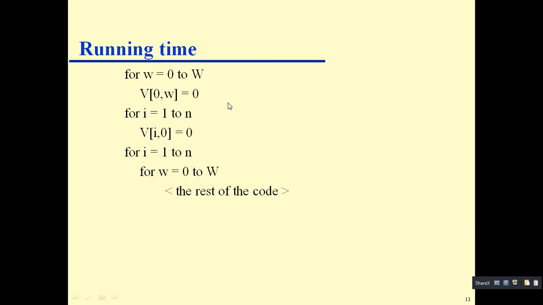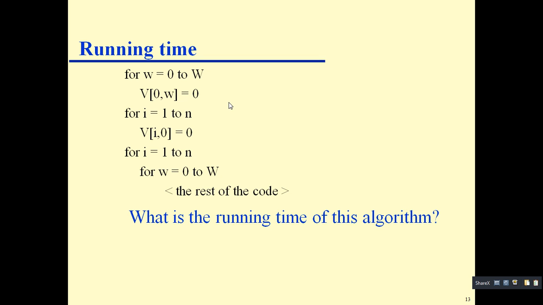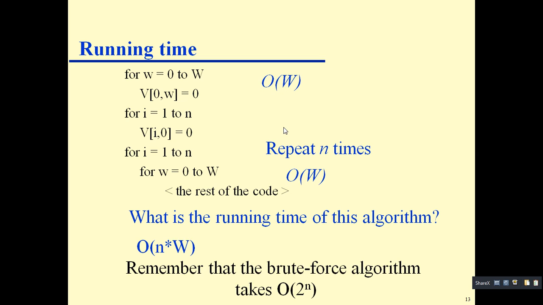So now let us see the running time of this algorithm. In the trivial brute force approach, the running time used to be 2 power n, which is exponential. But in this case, we have N items, and the weight that we can bring from the store can range from 0 to W. So what is the maximum weight we can bring?